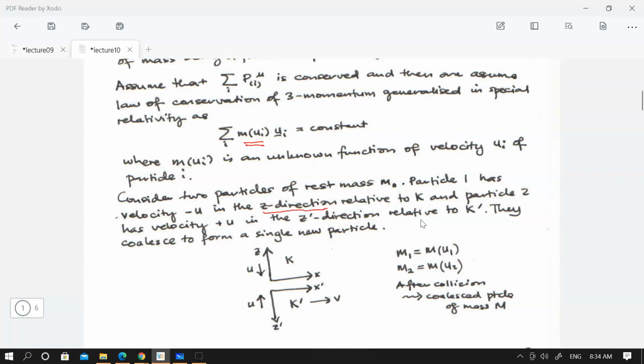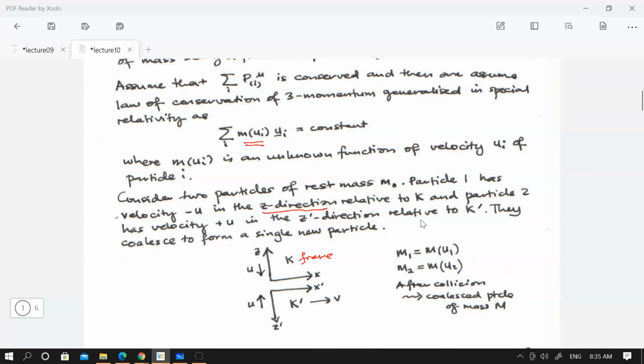Here is the z-axis, in the frame, say K, and that particle is moving in the negative sense along the z direction.